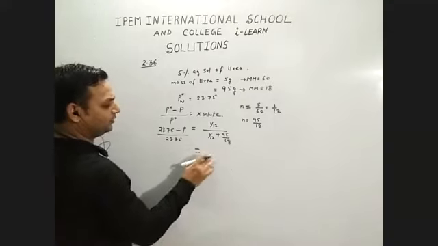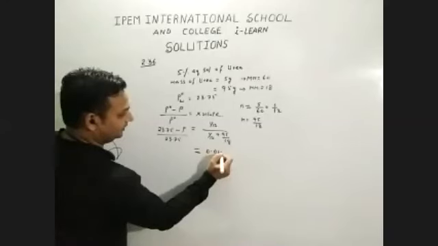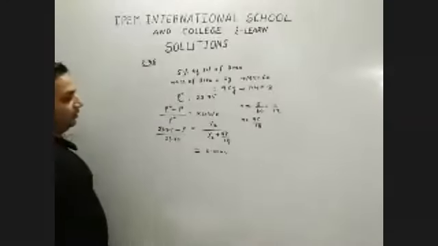All right. Ansh, what is the answer? Anyone can tell. Hurry up fast. 0.0144. All right.